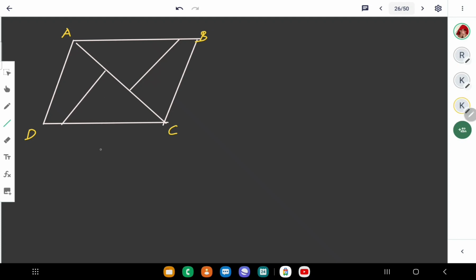Maybe this is a bit difficult. Okay, so G, H, and then E, F. So in the diagram, ABCD is a quadrilateral.